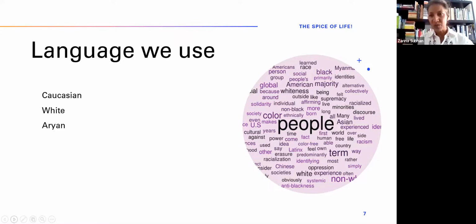So someone possibly of European extraction. White is another term that you might use, and Aryan is another term that's been used historically since the tribe of Aryans who existed in Northern Europe. And then you've got terms like coloured, black, Asian.